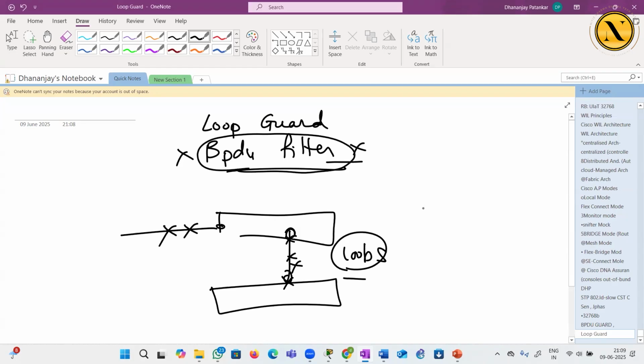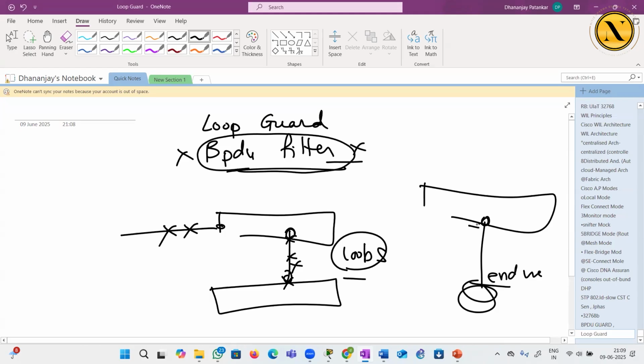If at all you want to use it, where do you use it? Only under a port where an end user is connected, right? Under this port, what command should you give? As a good practice, switchport mode, not trunk, never trunk, but access. And let's say this guy is in VLAN 5.